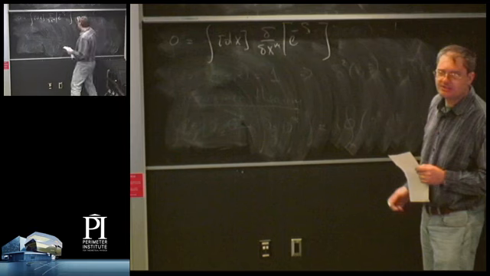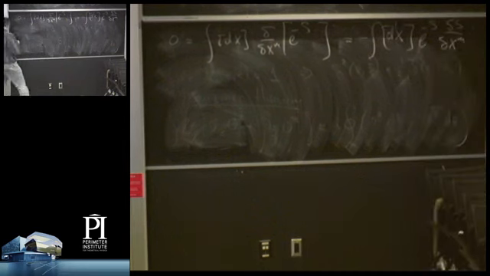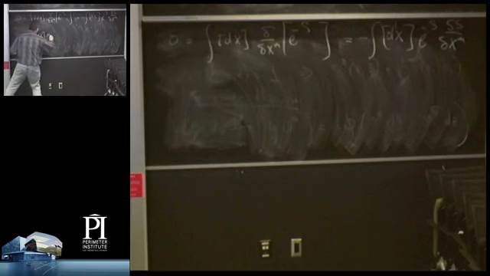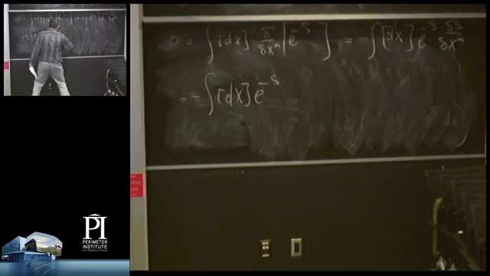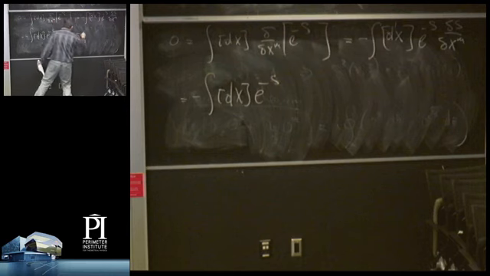So this becomes minus the integral of Dx e to the minus S, delta S over delta x mu. And this equals minus the integral Dx e to the minus S, and then the variation of the action we computed before, which is minus 2 over 2 pi alpha prime del del bar of x.